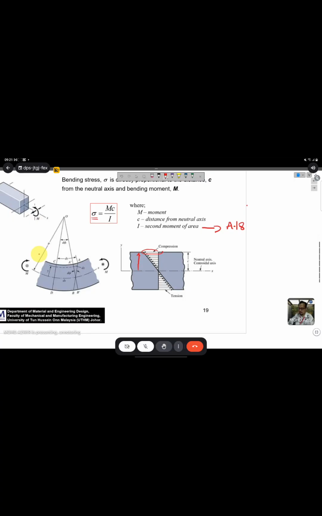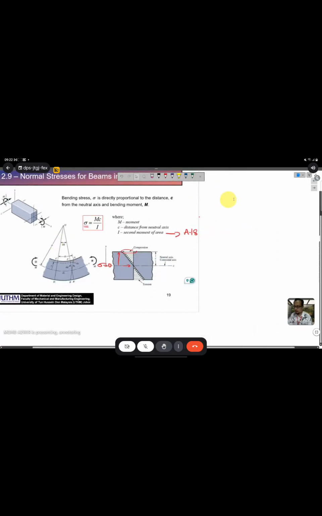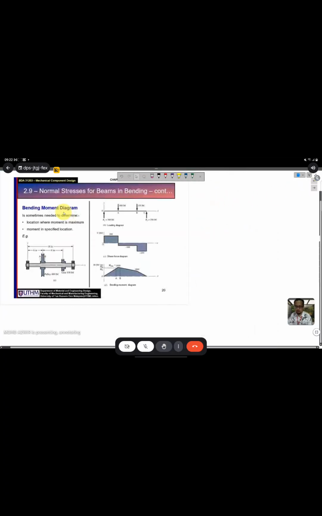Okay, so if you study the center here, the normal stress will become 0. This one, normal stress is equal to 0 at the center.